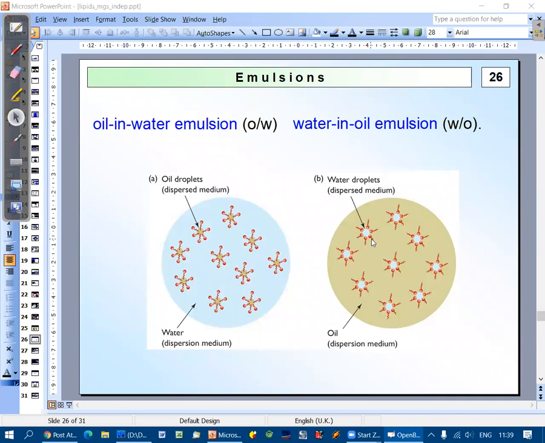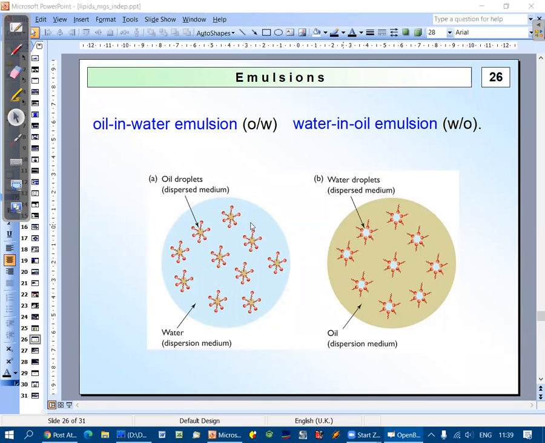In case of reverse emulsion, droplets of water will be surrounded by molecules of surfactants, but they will put their polar parts into droplets of water, leaving non-polar tails in non-polar phase.